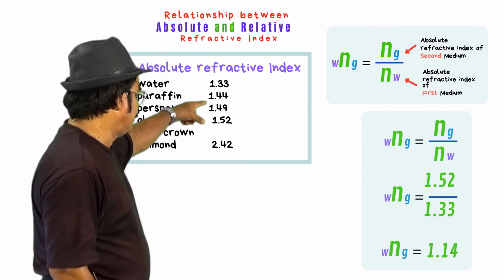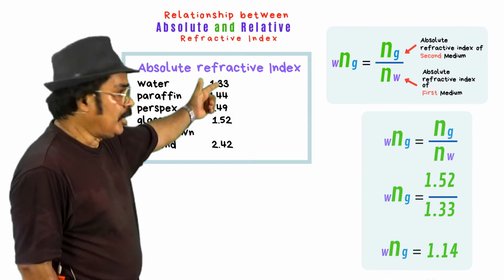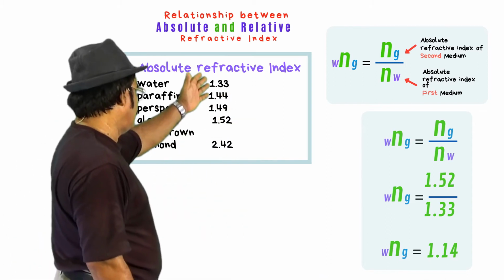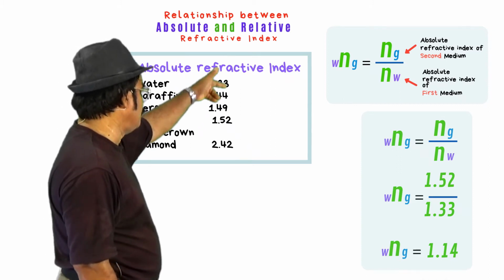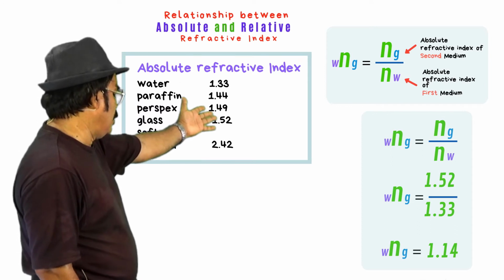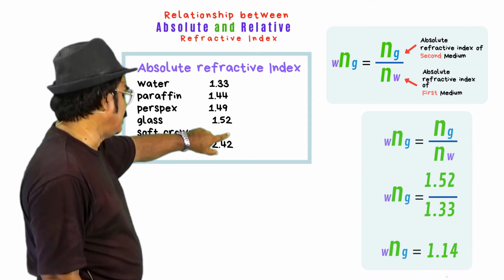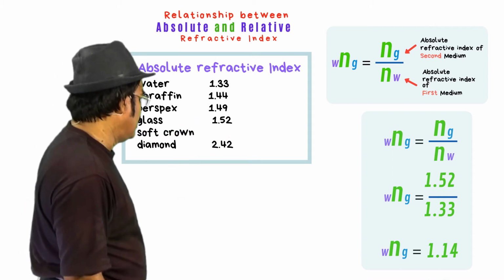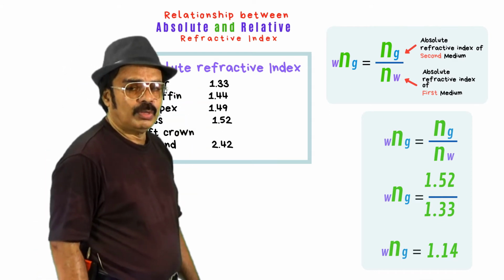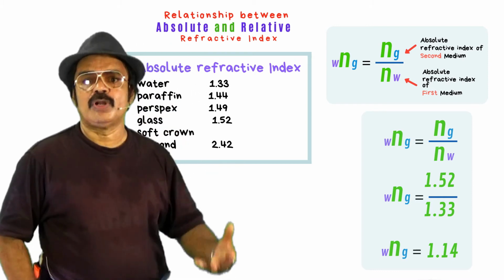How can we find W nu G? If we know nu G and nu W, we can find W nu G. So W nu G equals nu G divided by nu W. Nu G is 1.52, nu W is 1.33. When divided, you get the answer 1.14, the relative refractive index when light passes from water to glass.